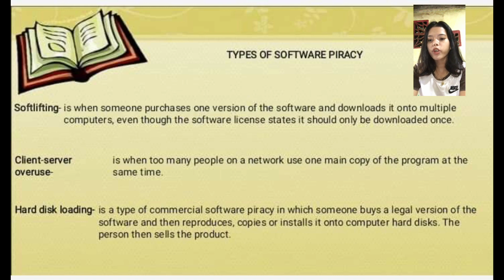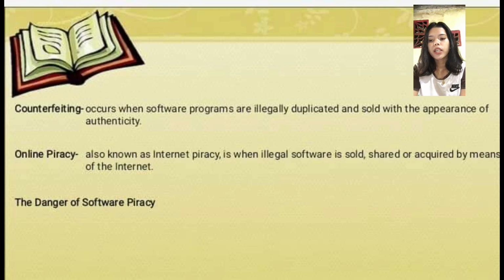It happens at PC resale shops, and buyers aren't always aware that the additional software they are buying is illegal. Counterfeiting occurs when software programs are illegally duplicated and sold with the appearance of authenticity. This is usually sold at a discounted price in comparison to the legitimate software.